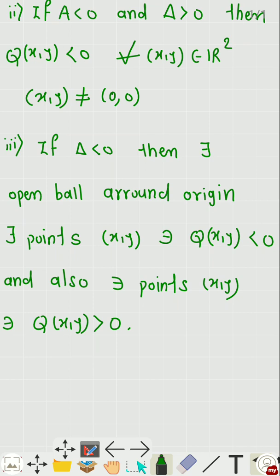So only conditions, one proposition I have stated here.